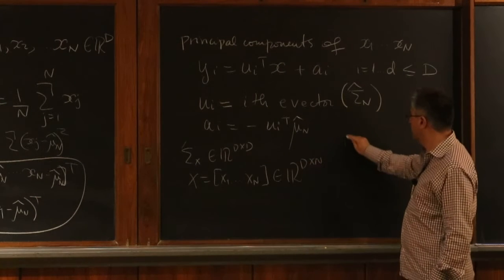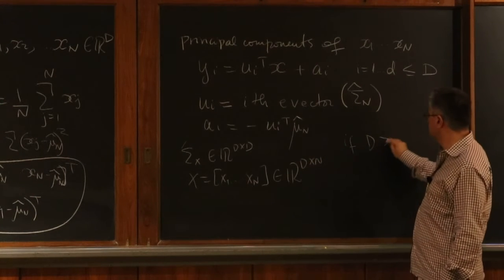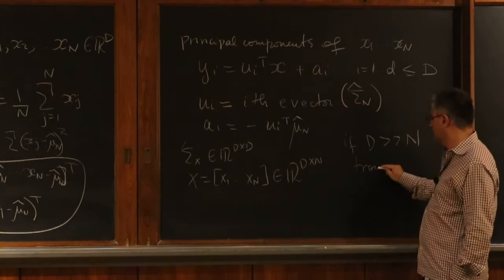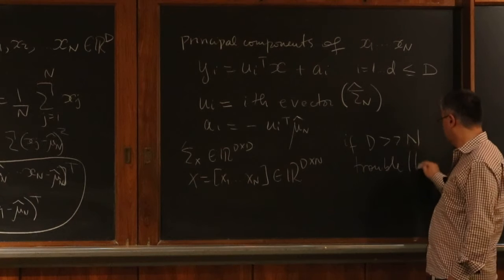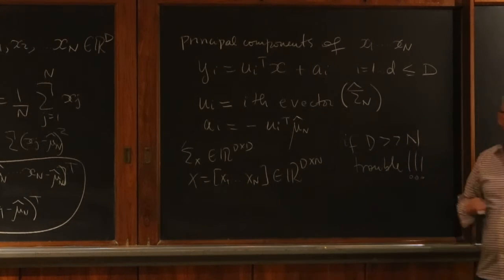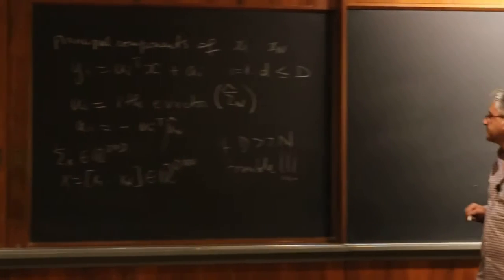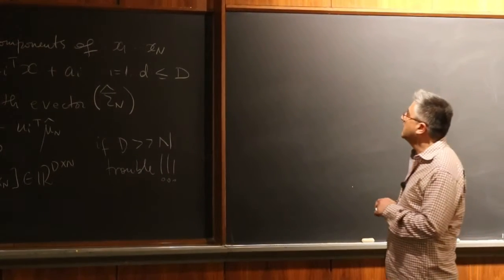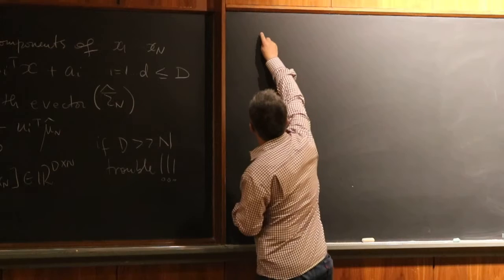So if d is much, much bigger than n, we are in trouble. Computing the eigenvectors is not cheap. So what do we do? That is where this notion of singular value decomposition comes in.